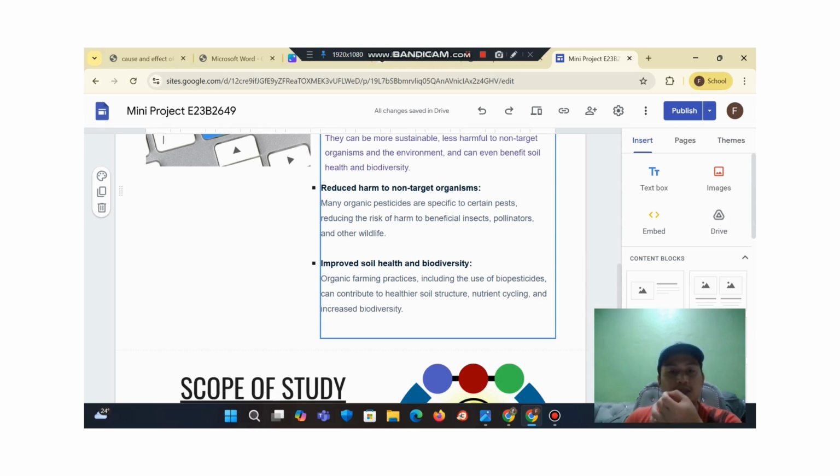Indeed, the concept of organic farming practices, including the use of biopesticides, will contribute to a healthier soil structure, because of the insects that destroy the architecture of the soil and the plant itself, as well as the biodiversity itself.